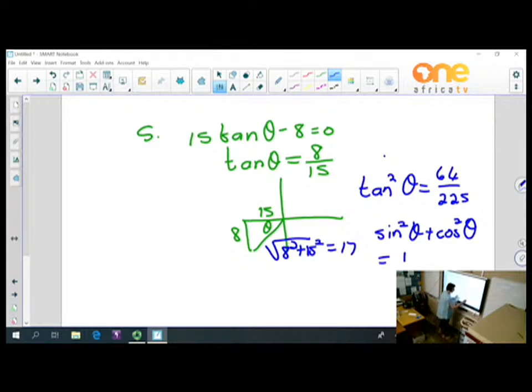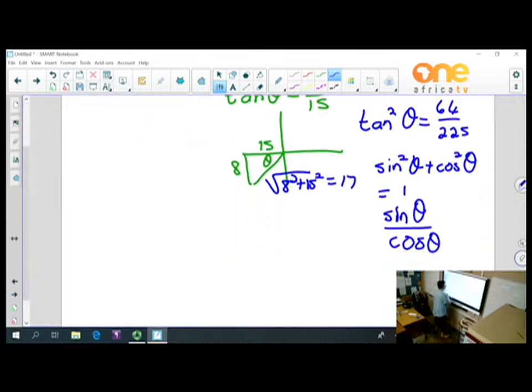And then we have sine theta divided by cosine theta. What is sine theta here? Sine theta is 8 over 17. And then we divide. What is cosine theta? Cosine theta is 15 over 17. So then it's 8 over 17 multiplied by the reciprocal, which gives us 8 over 15. The 17s will cancel out there.